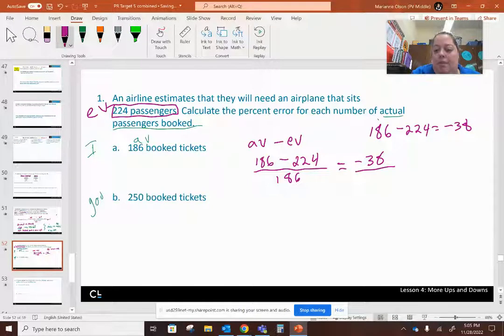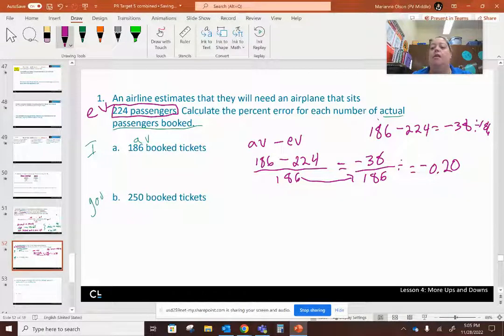So then I'm just going to move this over, which just means I'm going to now divide by 186. So negative 38 divided by 186, and all this means is to divide, remember, and that equals negative 0.204.